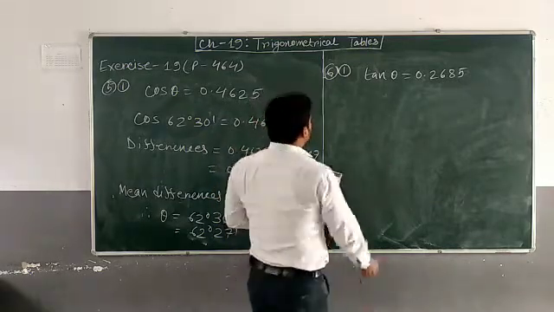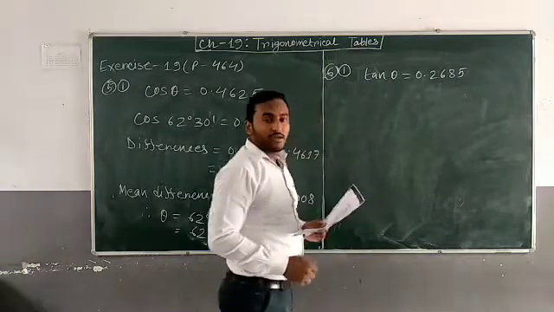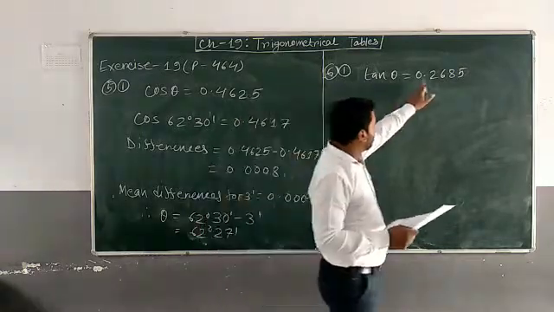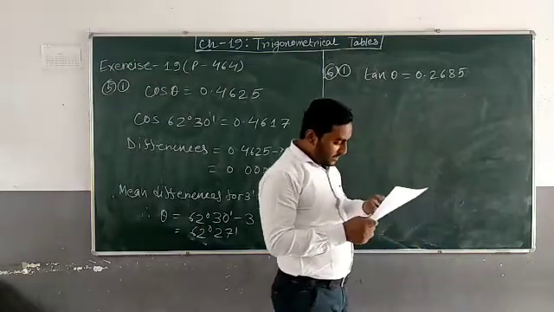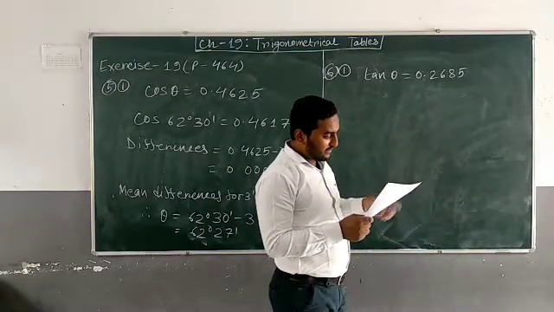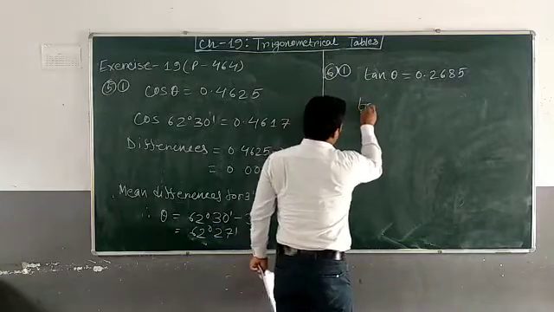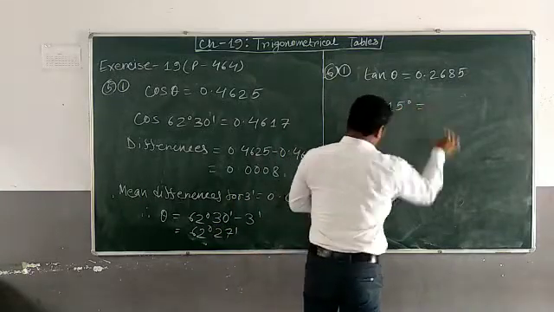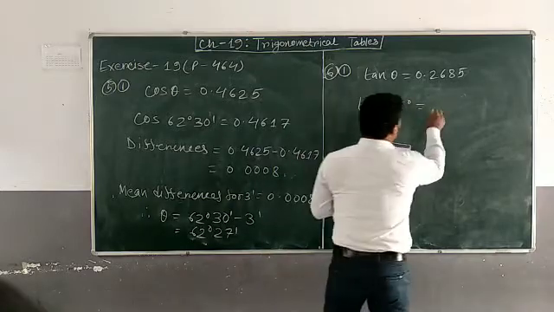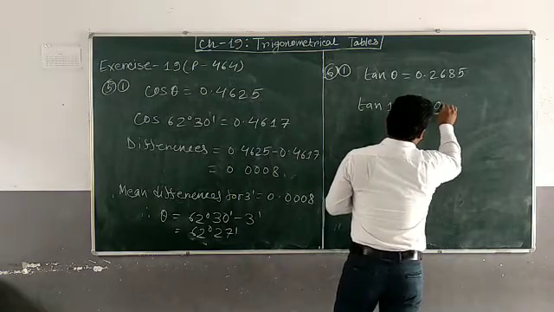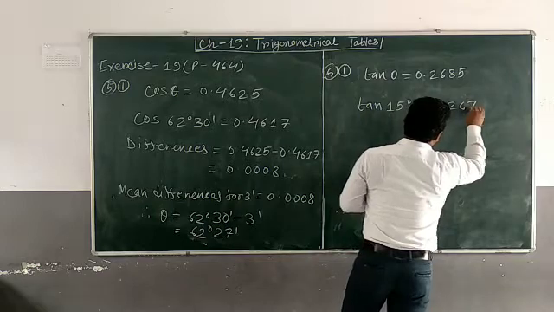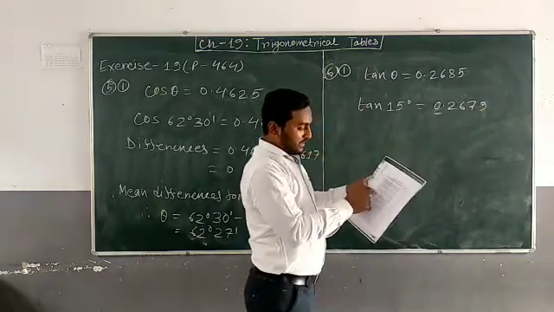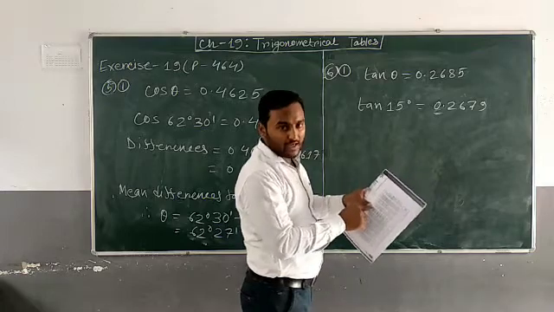So you have to see the nearest preceding value to 0.2685. There it is, 0.2679. So tan 15 degree 0 minutes is 0.2679. 15 degree 0 minutes means exactly 15 degree.